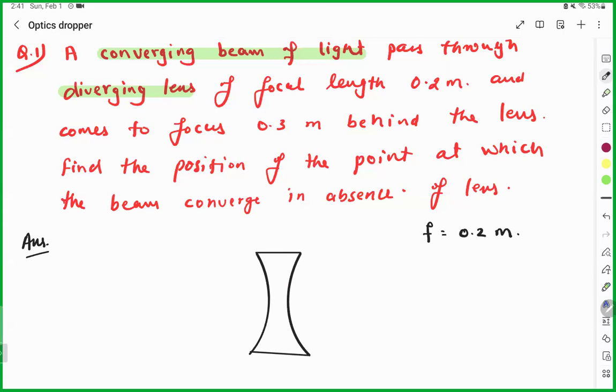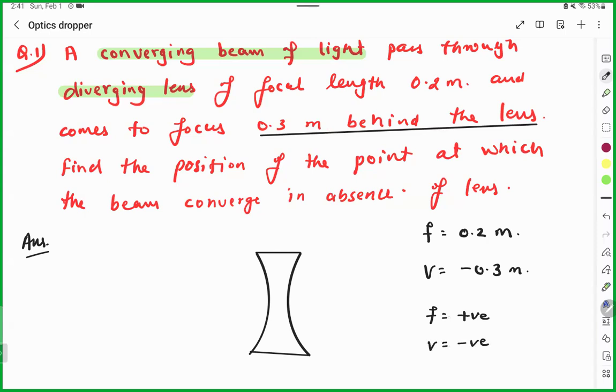Second, comes to focus 0.3 meter behind the lens. Here, you are talking about the image. The image will be formed on the right hand side, that's why 0.3 meter. So through this, your focal length is negative and your image distance is positive.